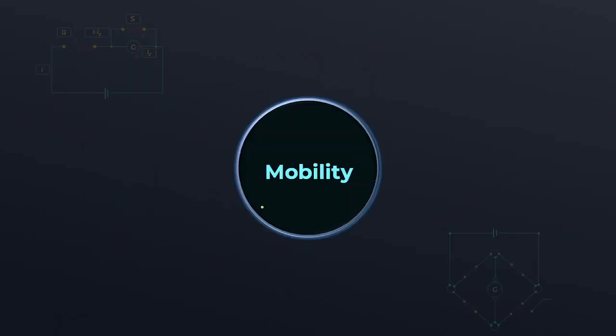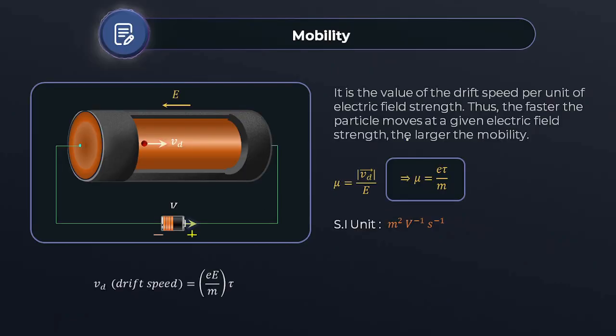So now next is mobility. So what is mobility? Let us see. Mobility is the value of the drift speed per unit electric field strength, and we represent it with mu. So mu equals V drift divided by electric field.